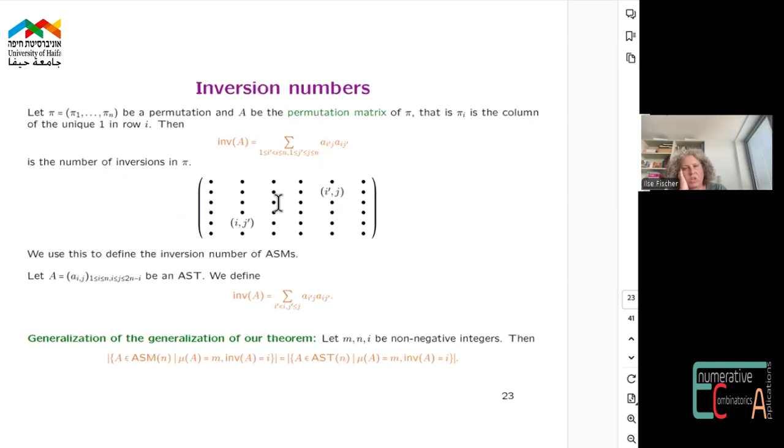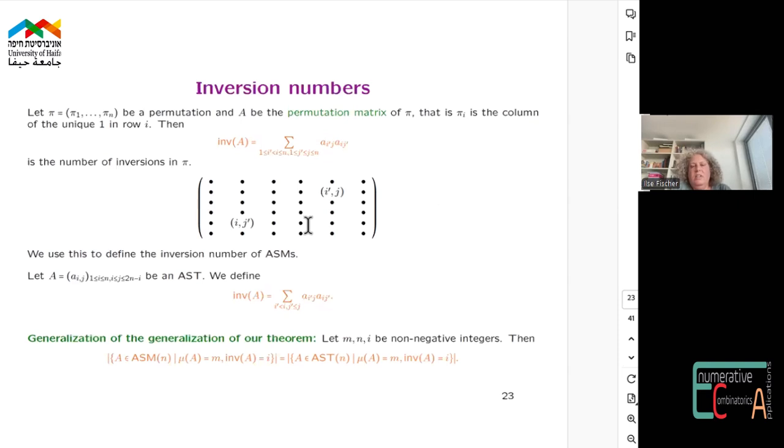If you encode a permutation as a permutation matrix row-wise, then if ones are in this relative position, you have an inversion, and then you can think a bit and see that you can encode the inversion number like this. You can use this as a definition for the inversion number of alternating sign matrices.